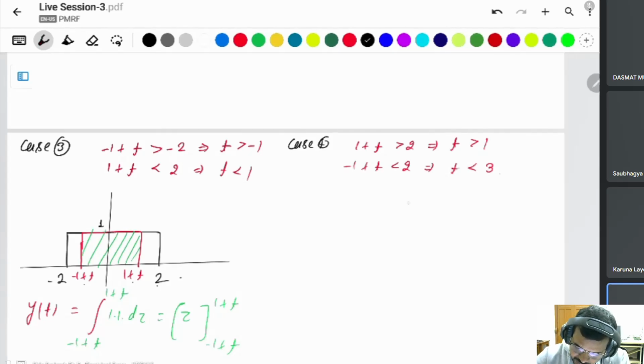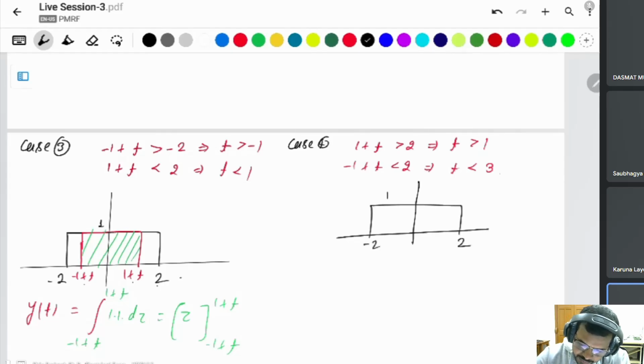Then how does the signal look? Minus 2 to 2, this is 1, and minus 1 plus t, 1 plus t.